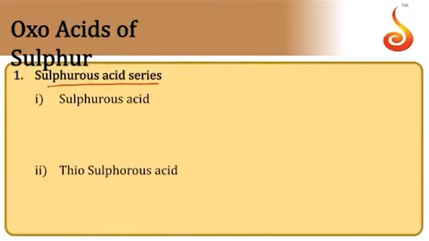Sulfurous acid series now. The basic sulfurous acid means H2SO3, the first molecule. Sulfur is dibasic, so definitely it must have two OH groups. All acids have two OH groups, and sulfur at least has one double bond O. It's nothing but H2SO3, sulfurous acid. Now comes thiosulfurous acid.